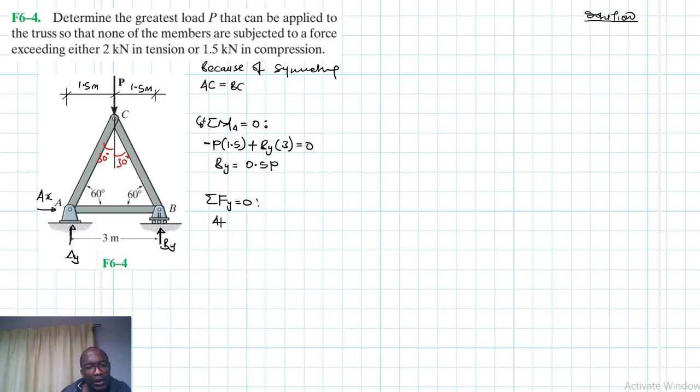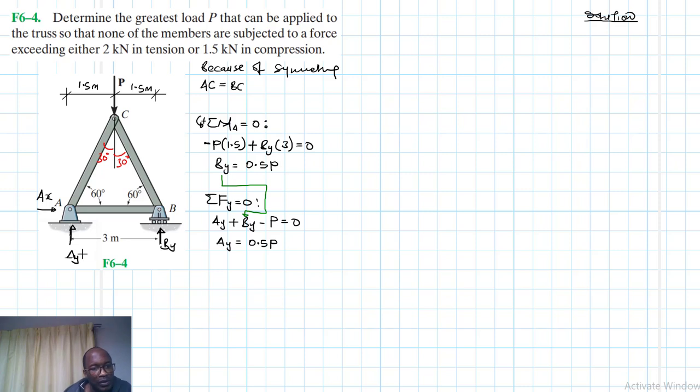We have AY plus BY minus P equal to 0. We've already found what BY is, so let's replace it where we're supposed to. And once we've done so, we'll find that our AY is also equal to 0.5 P because of symmetry.